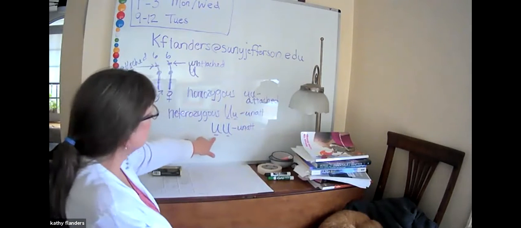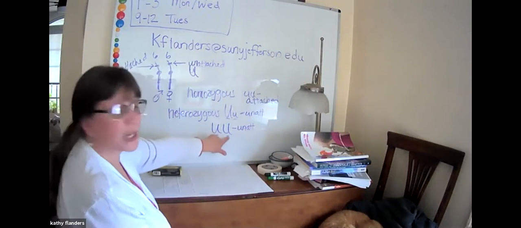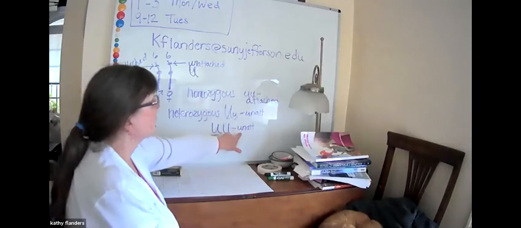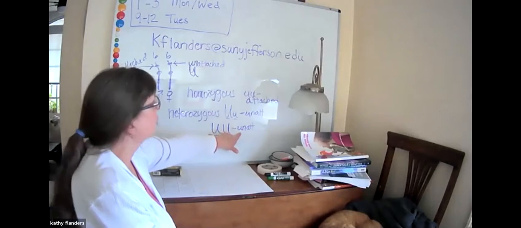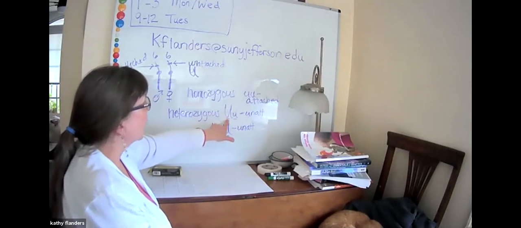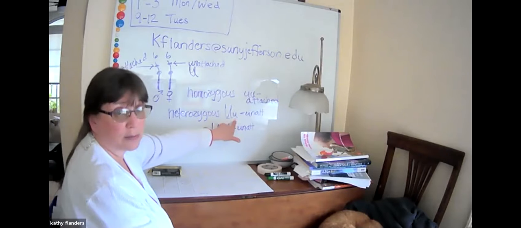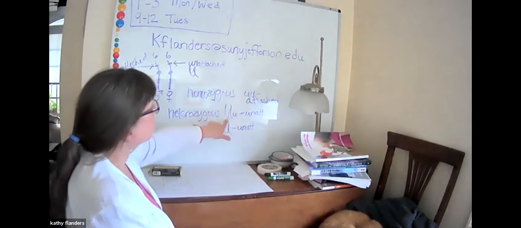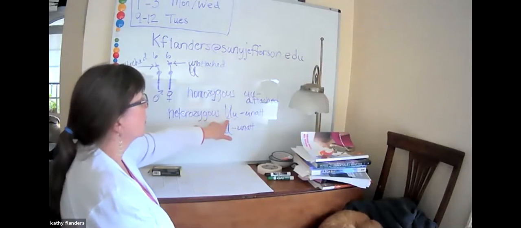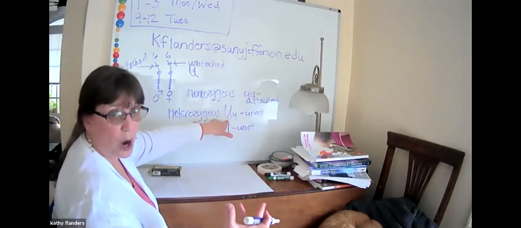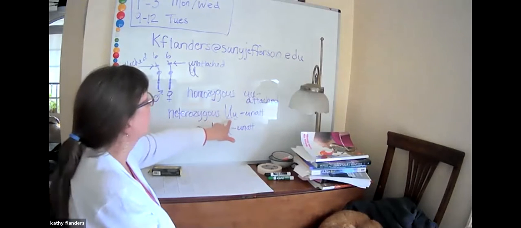When you have this combination, obviously it's easy to understand. If you have two of those, it's easy to understand that you have unattached. But if you have a big one and a little one, this is dominant, and I'm telling you that in the problem, so you'll know which one is dominant.